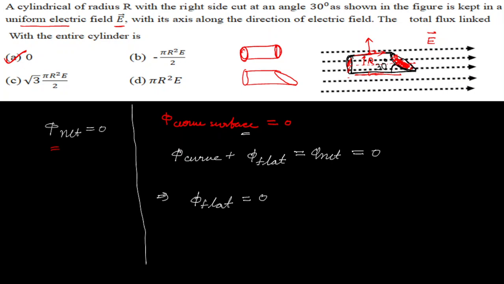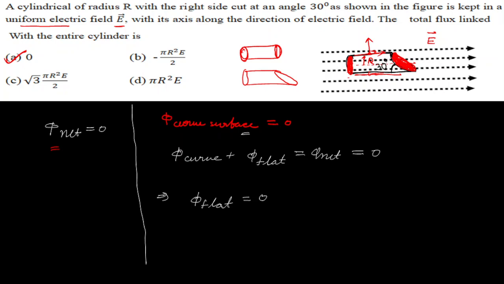That means whatever flux enters into the cylinder through the left surface, the same amount of flux will leave from the right surface.